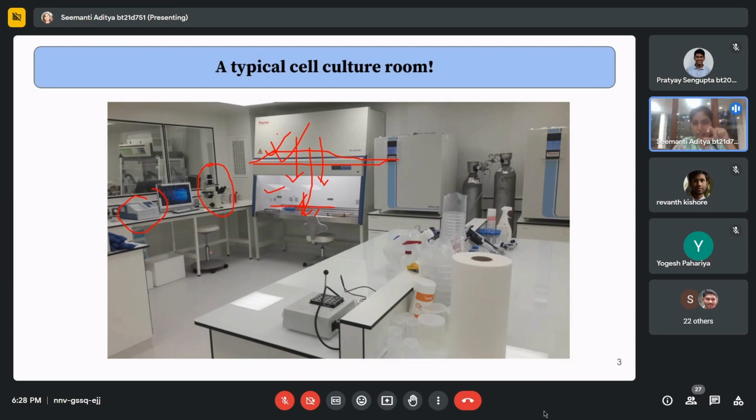We pellet down the cells, and in that pellet we add, suppose, 300 microliter of media, and if we want to split it equally into 3 flasks, then out of 300 microliter, 100, 100, 100 we split into 3 dishes. So all 3 dishes will have an equal amount of cells.